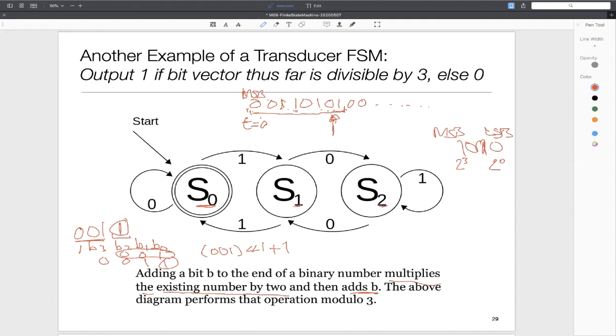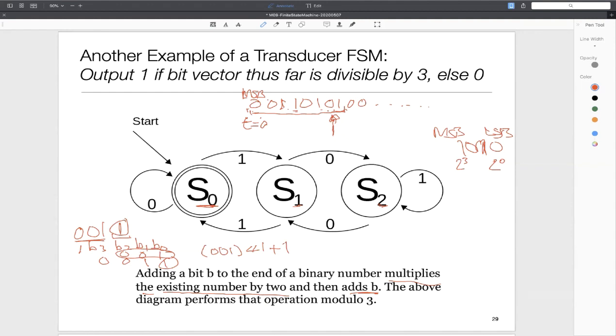And now I'm getting a new bit. Let's say the number thus far was perfectly divisible by 3, so I would have a remainder of 0. And that's also my start state. If I've not received any bits, that means I've received 0, and that's obviously divisible by 3.